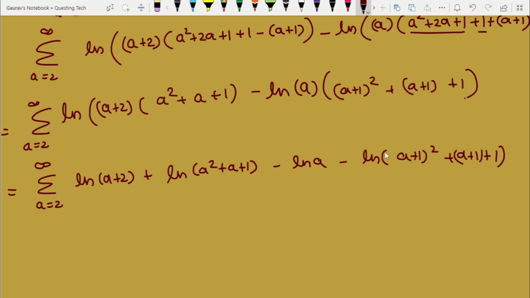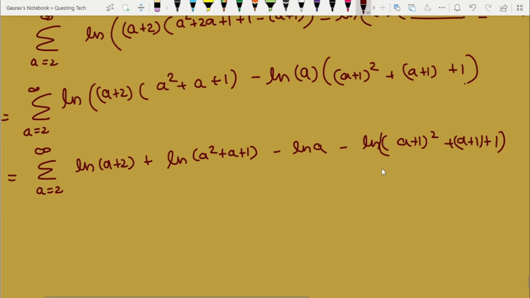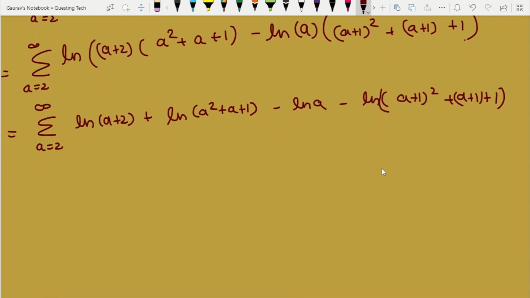So we separate out these two things. The sum from a equals 2 to infinity of ln (a plus 2) minus ln a.